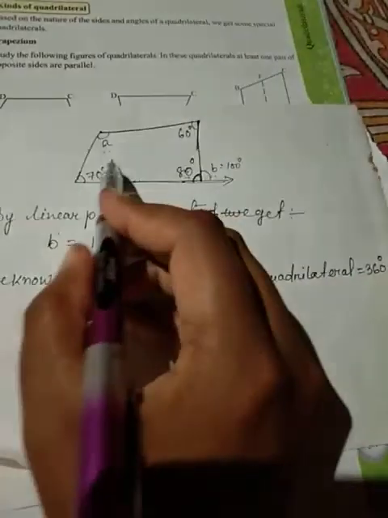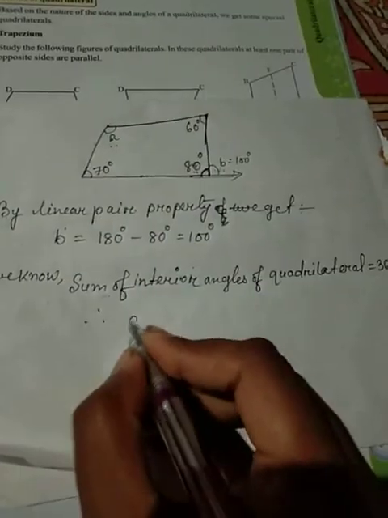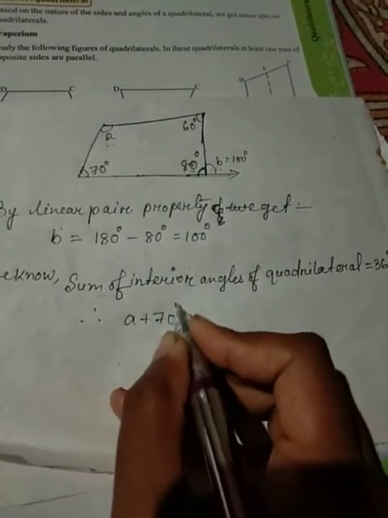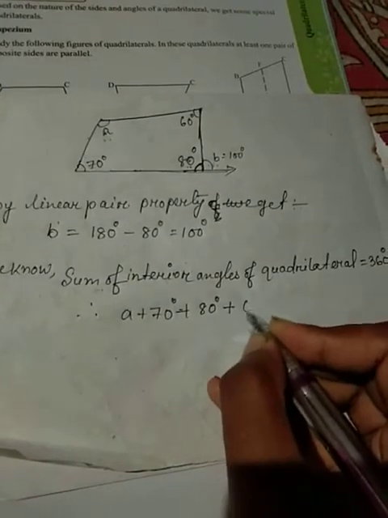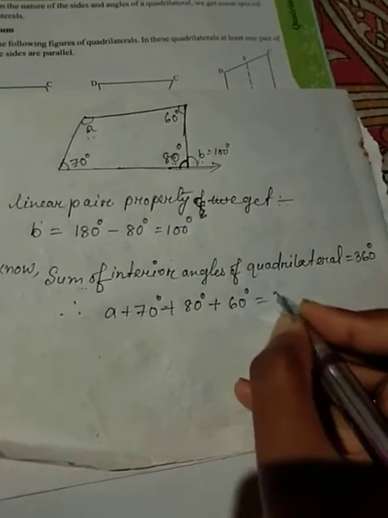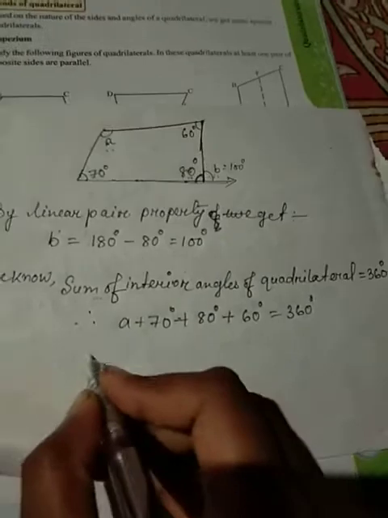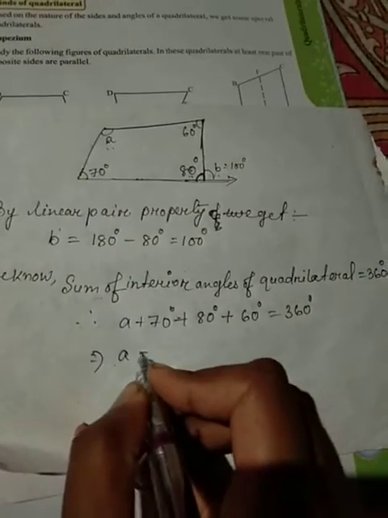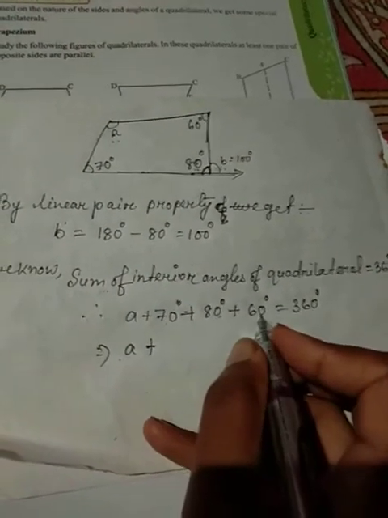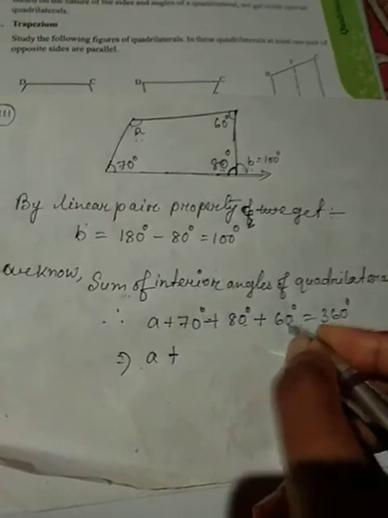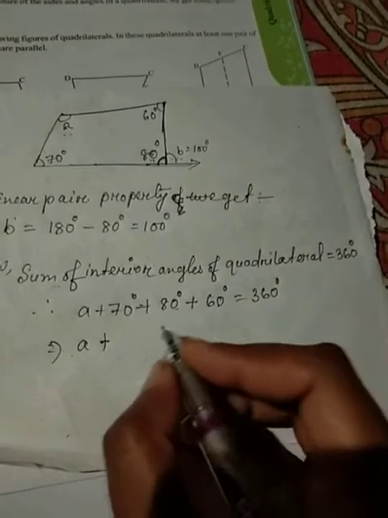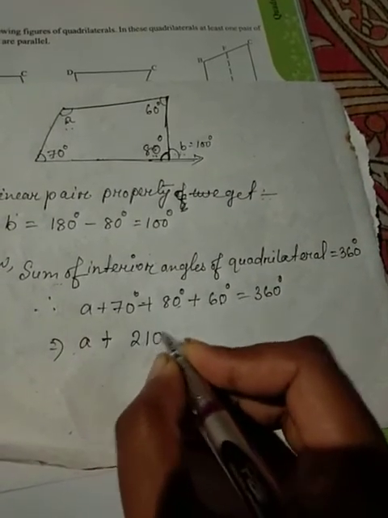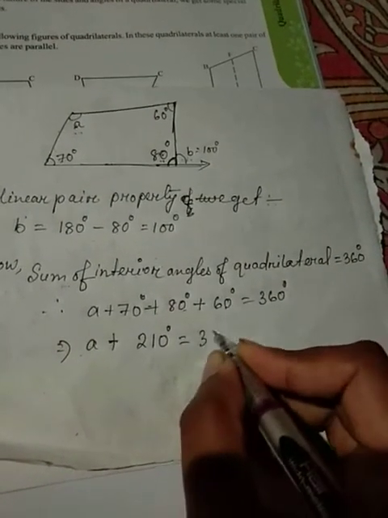Therefore A plus 70 plus 80 plus 60 equal to 360, implies A plus, by adding these numbers we get, 210 degree equal to 360.